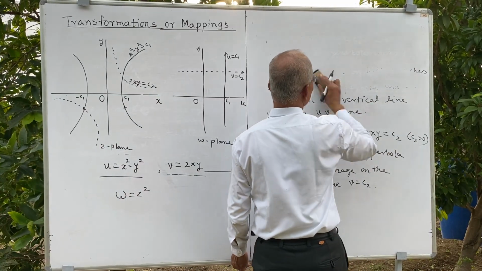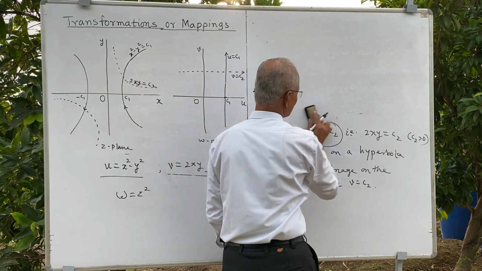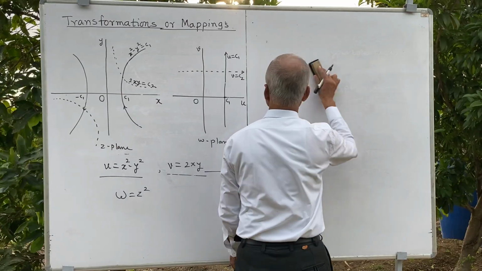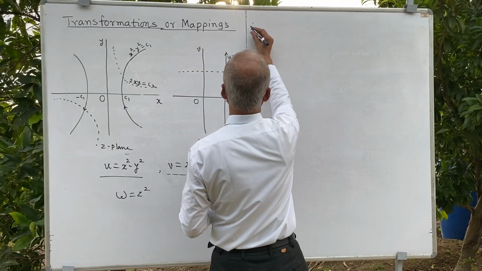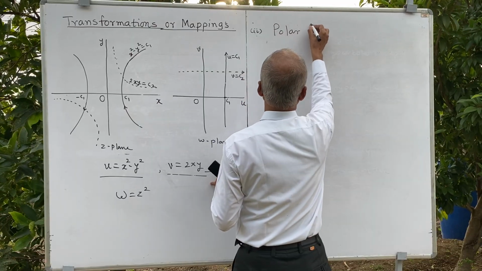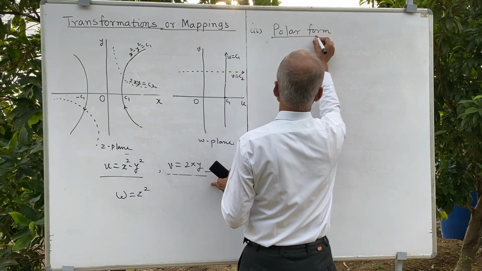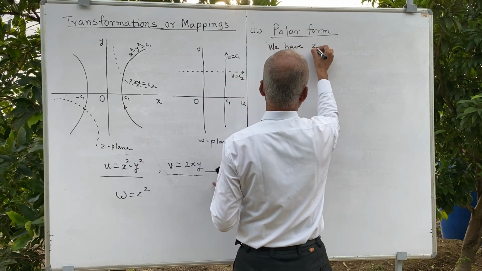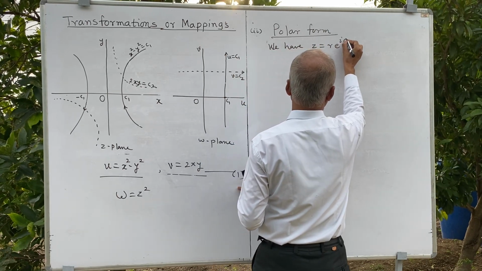Now, to consider the polar form, it is easy. Second, polar form. We have z is equal to r e power i theta.